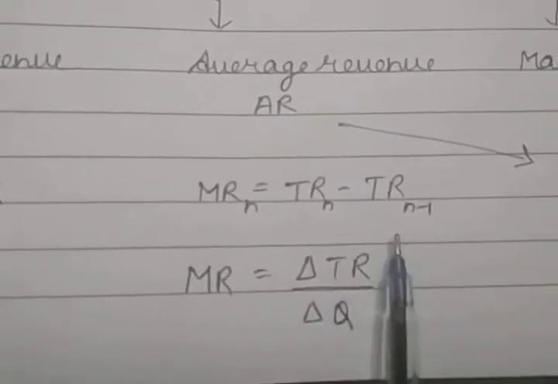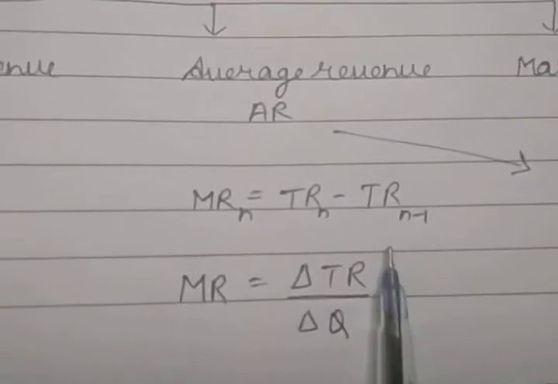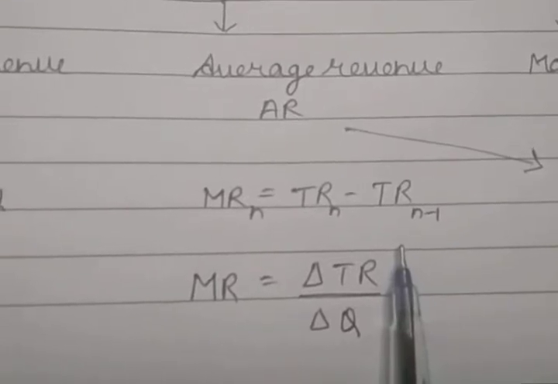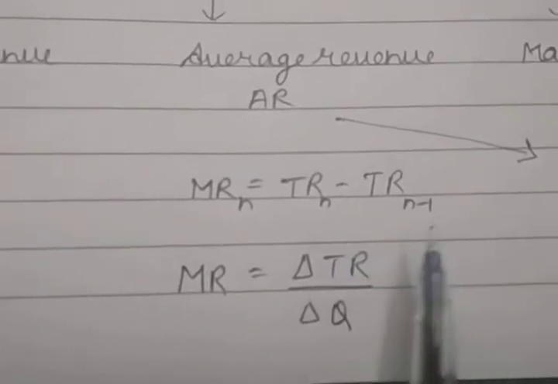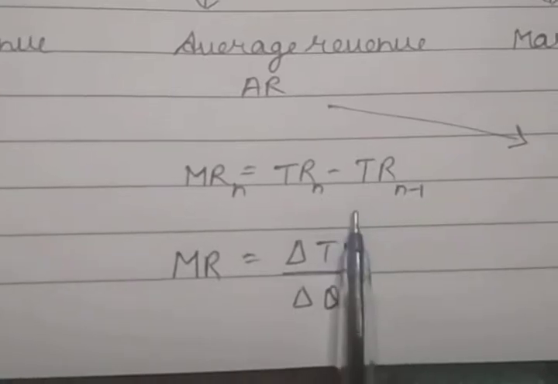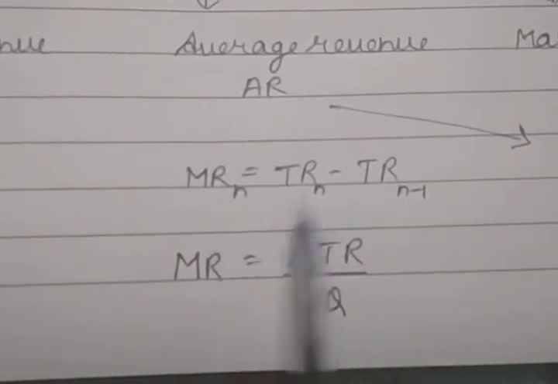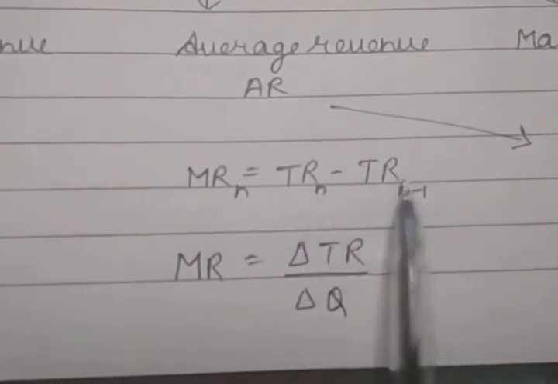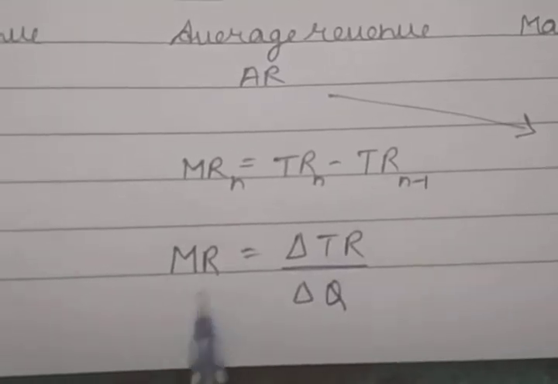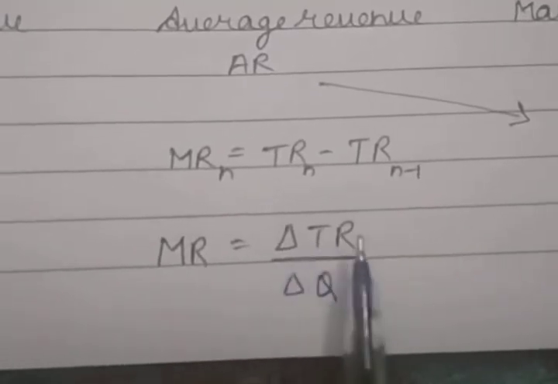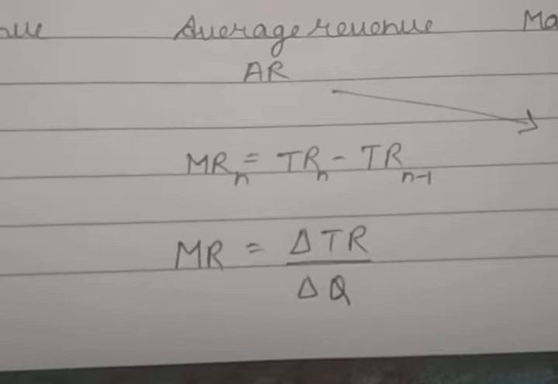If one additional unit increases or decreases, how it changes the total revenue, that is marginal revenue. So you can calculate MR of N equals TR of N minus TR of N minus 1, or MR equals change in TR upon change in Q.